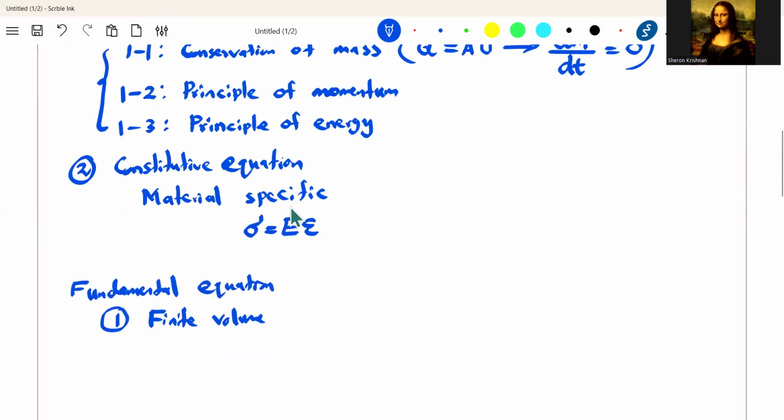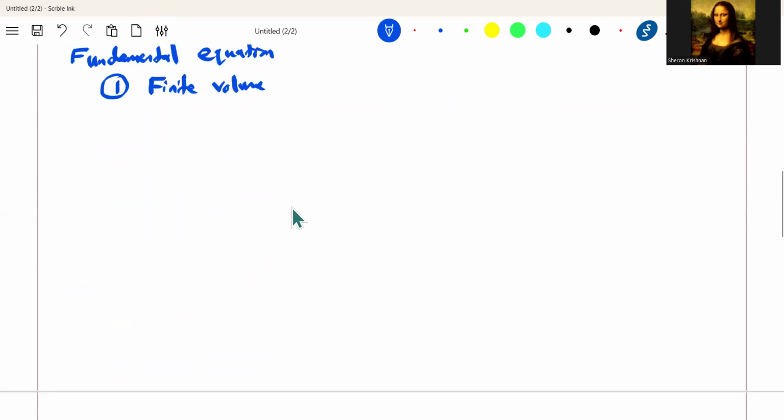The universal laws to that finite volume. Then you come up with the equations.